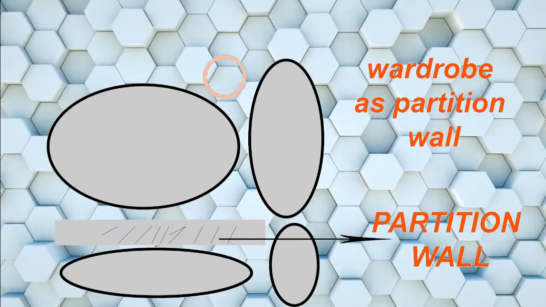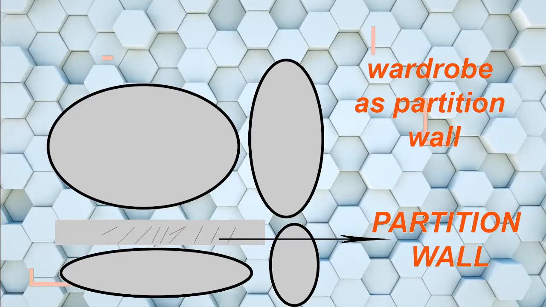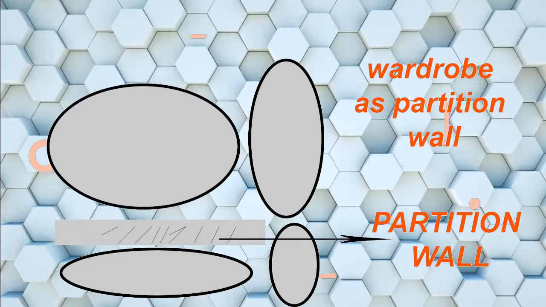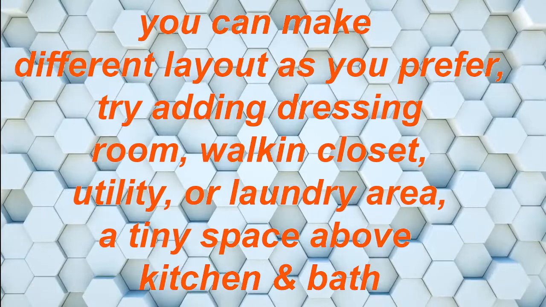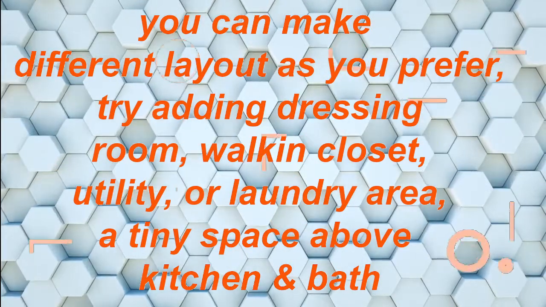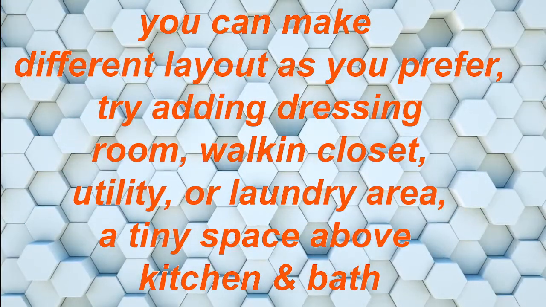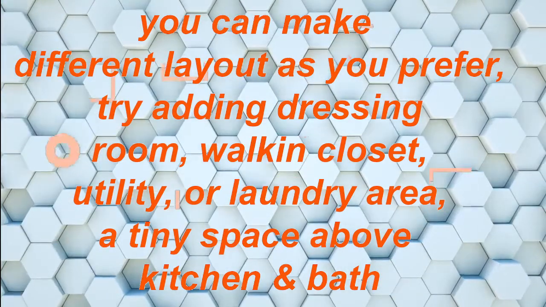So this is all about zoning, and it came easily in this space. But when it goes to wider spaces, we have to think very differently. Even in this space, we can add a few more things, not only the basic needs.